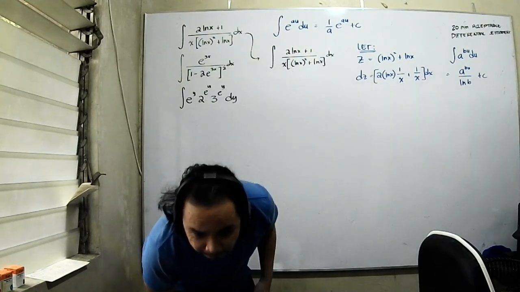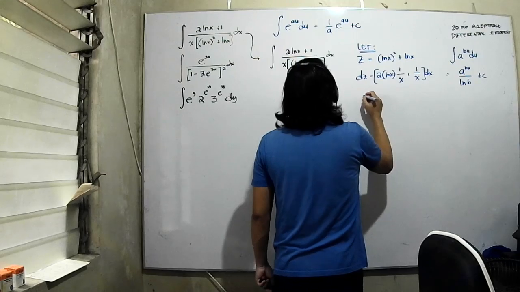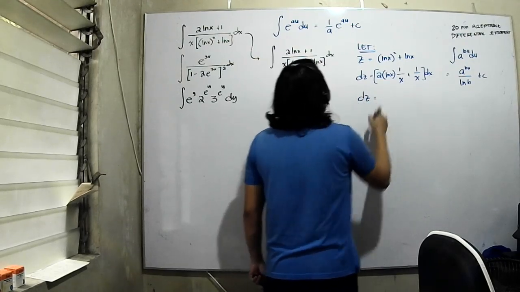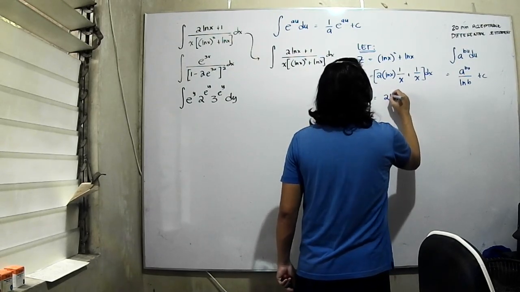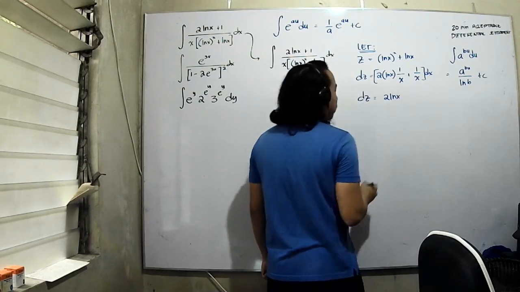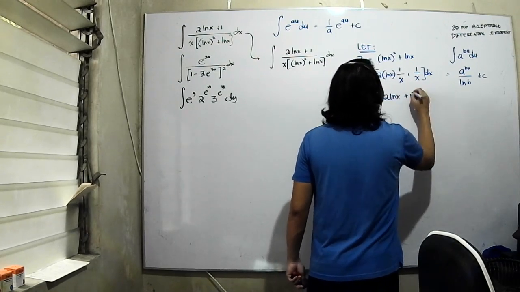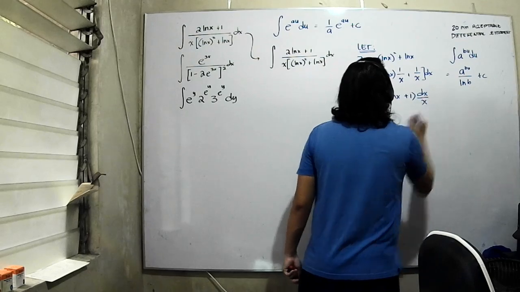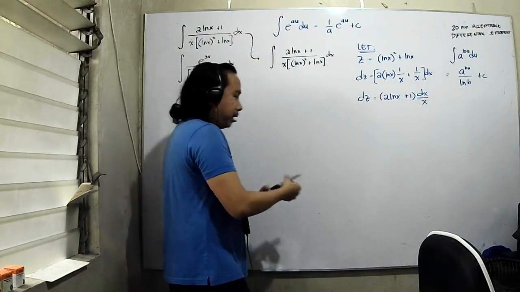Clear? Now I'll rearrange this and factor out 1 over x, so it's 2 ln x plus 1, times dx over x.